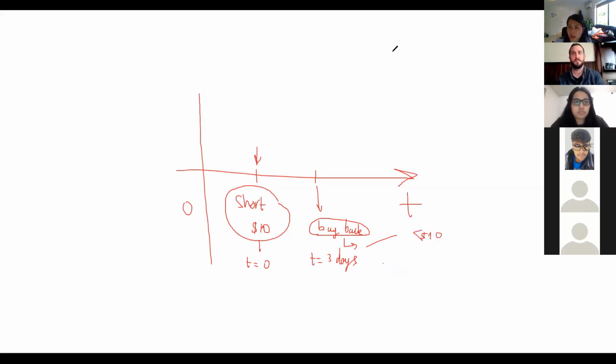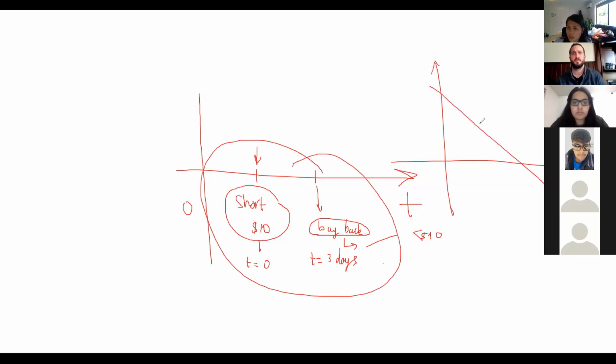By the way, on that note, because of this issue, when you look at the profit function of a short seller, when you have a short position, this is your future price, right?